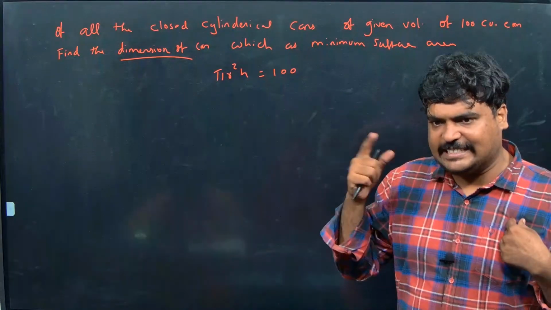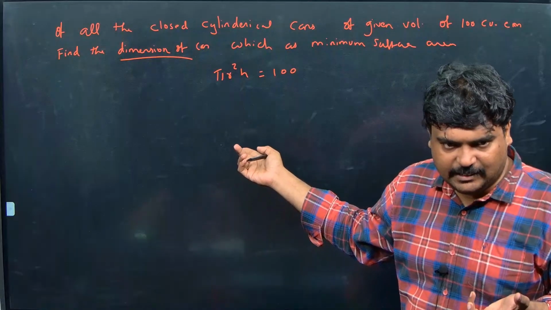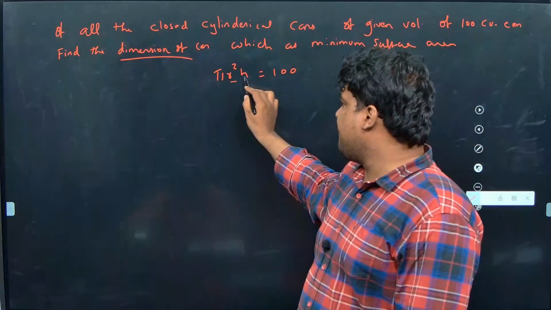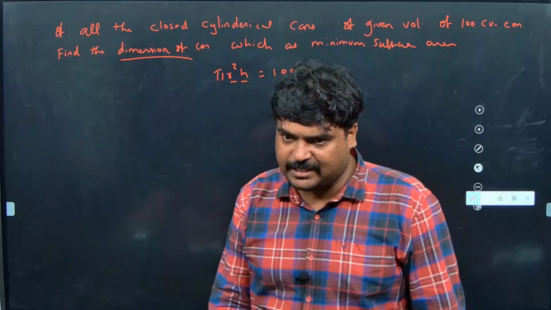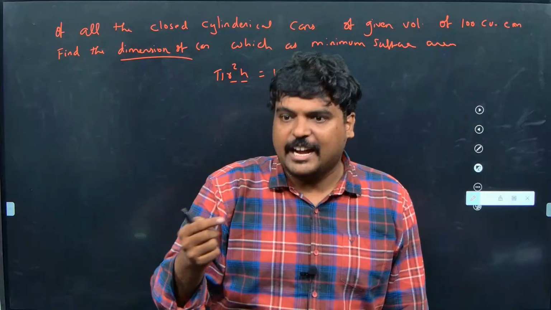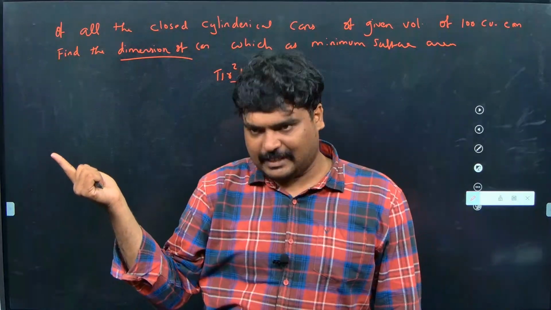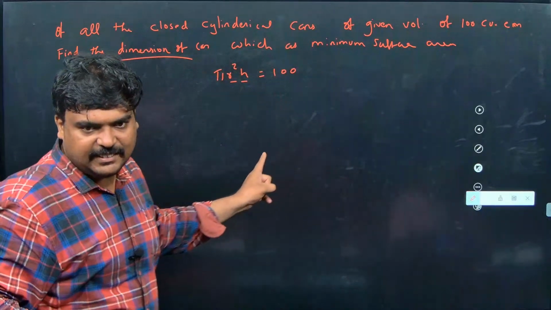Something I want to take as x so that I can derive for h. Are you getting? Now there are 2 variables here. I can't have both variables. You might have seen this in rate of change itself. If I have 2 variables, what will I do? I will take it as one variable, with the other in terms of that. That's why they have given this.